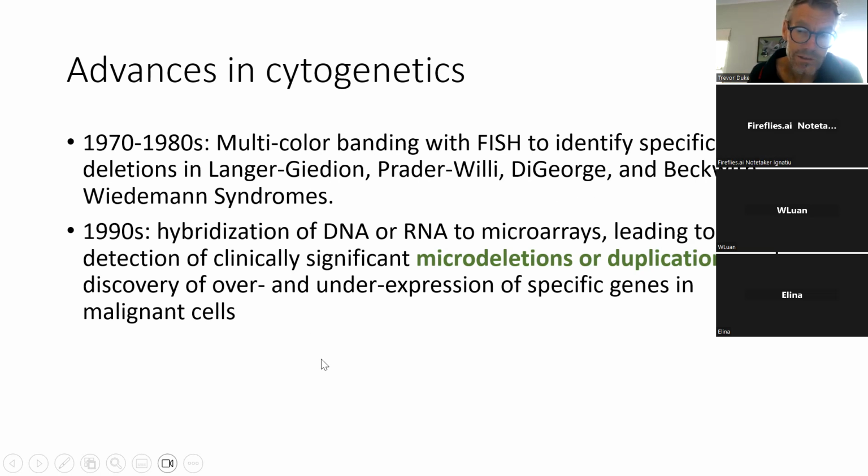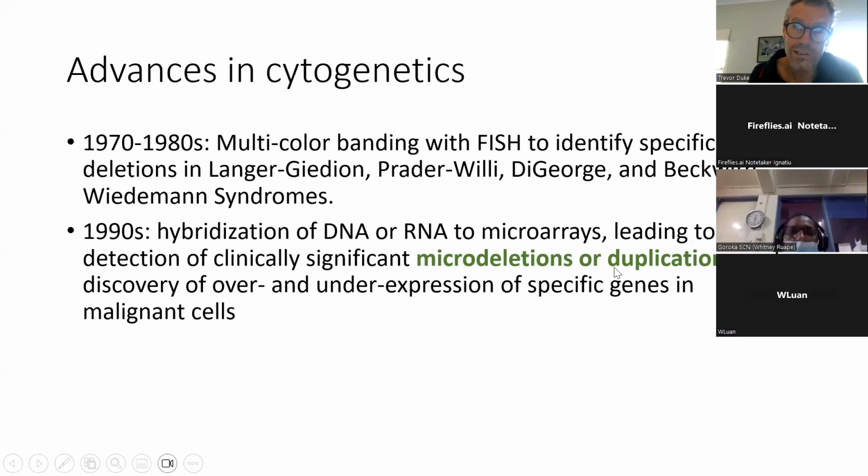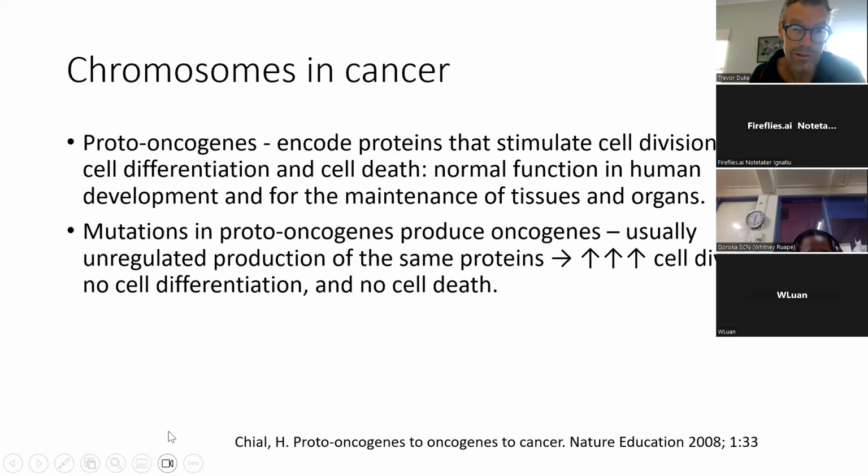So from this, microdeletions and duplications and other very small abnormalities were able to be seen, and also what was identified in cancer cells, the under or overexpression of certain genes that led to that cancer, the so-called proto-oncogenes, and I'll explain what they are in a moment.